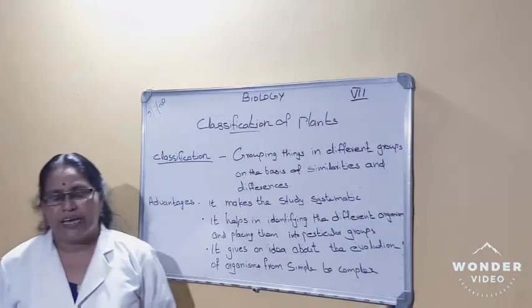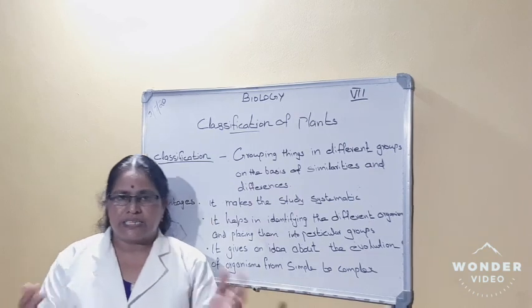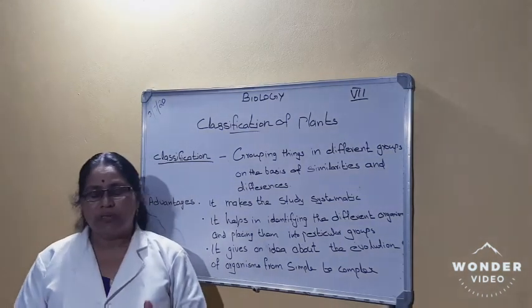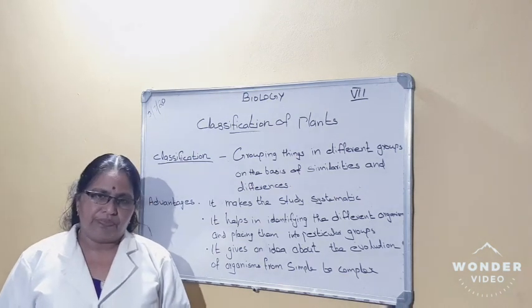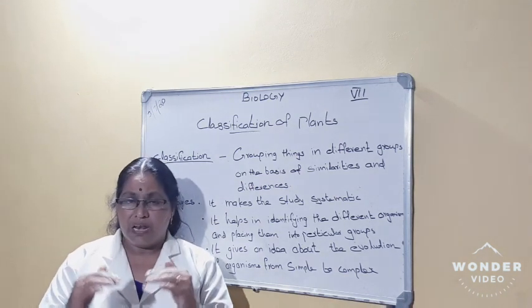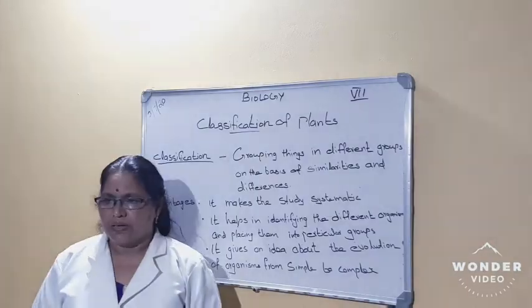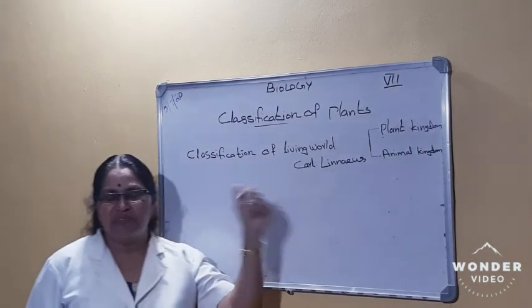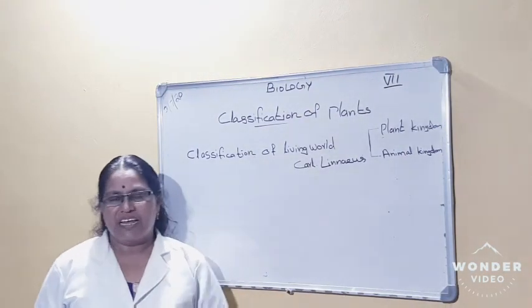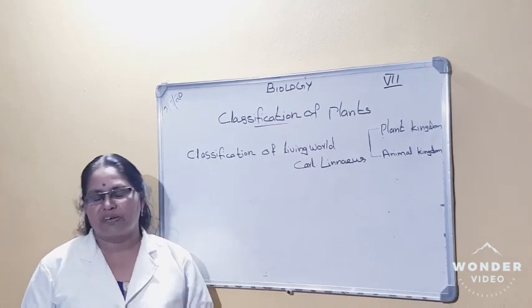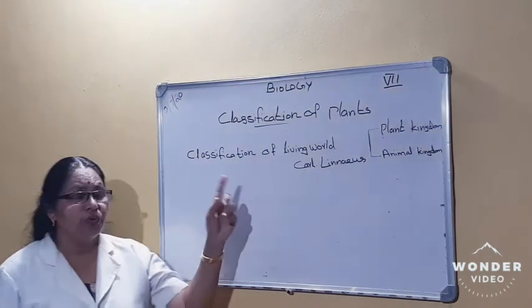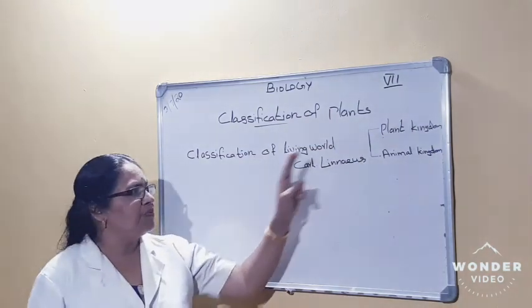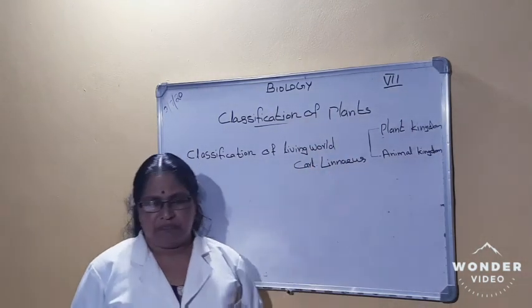Next, let us study about the classification of plants. How are the living organisms in the world classified? Classification of the living world. Originally, all living organisms can be classified into two kingdoms, that is the plant kingdom and the animal kingdom.